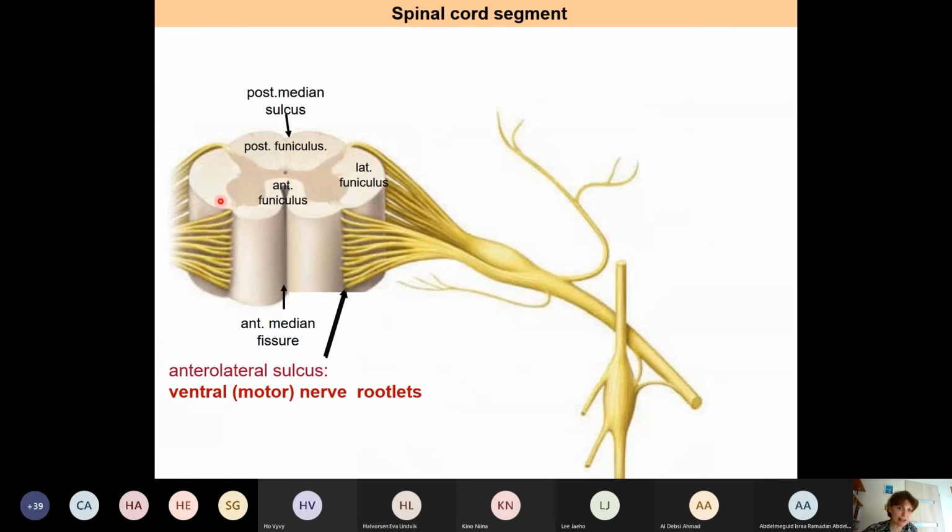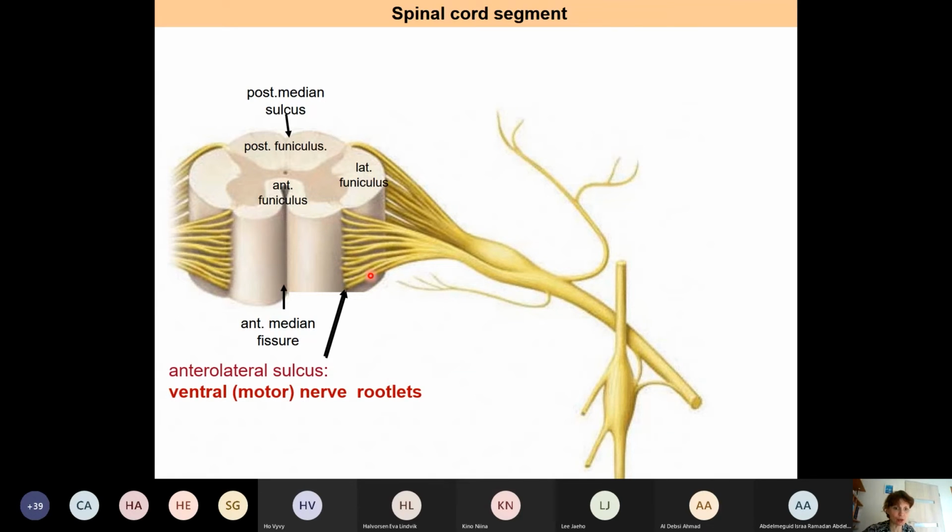So once again, a cross-section. You can see it from the spinal cord with the anterior median fissure and posterior median sulcus. And if you check it in this anterior view, this groove where the anterior rootlets exit, this is called anterolateral sulcus, and this is the border between the anterior and lateral funiculus.